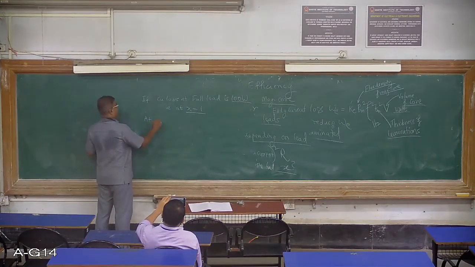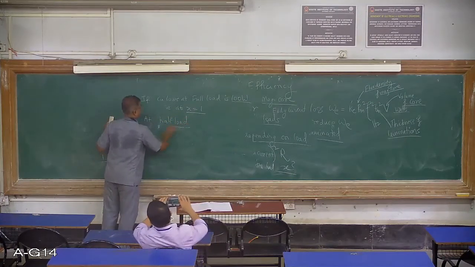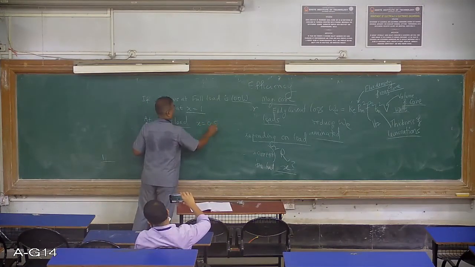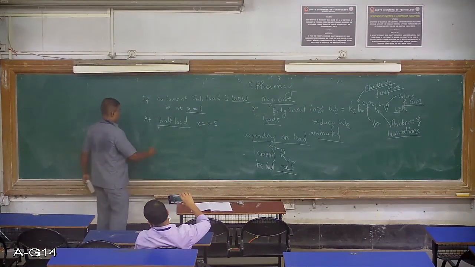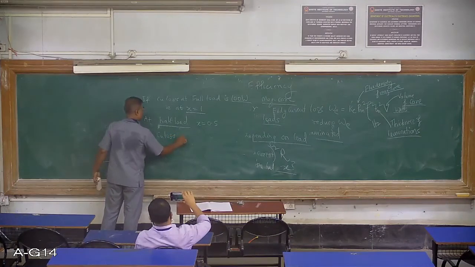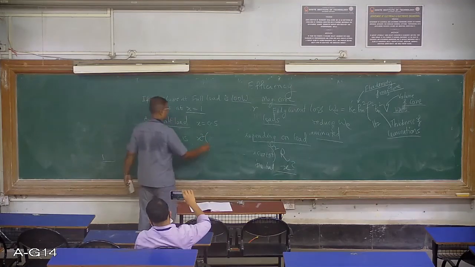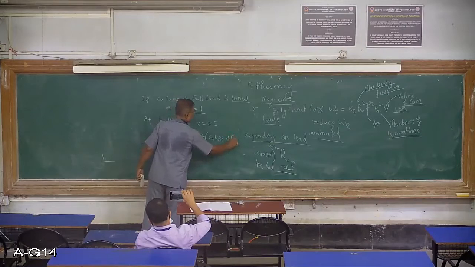At half load, which means x equal to 0.5, the copper loss is x squared times the copper loss at full load.